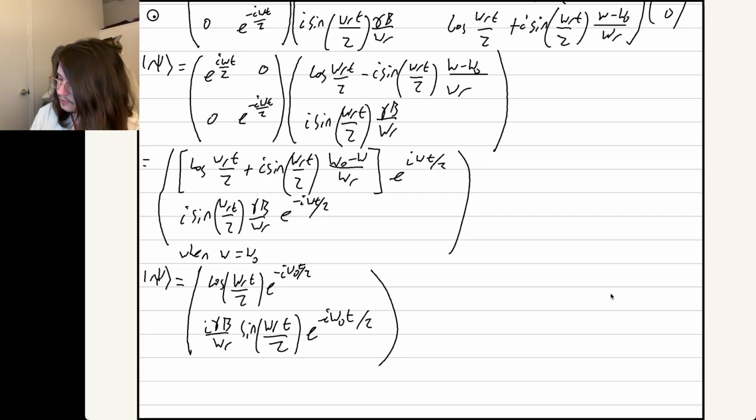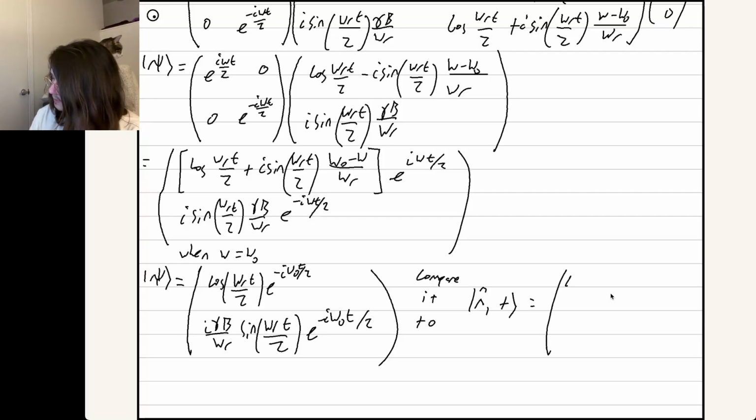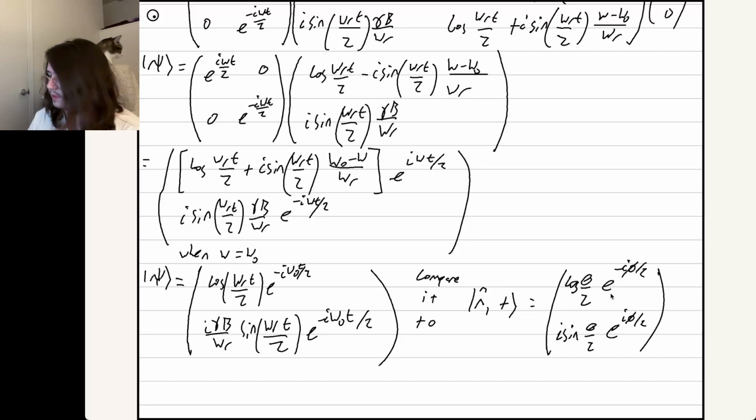And we're supposed to be comparing it to the normal vector in the spin up z basis, which is given by cosine theta over 2 e to the minus I phi over 2, I sine theta over 2 e to the I phi over 2. That's what that vector is.